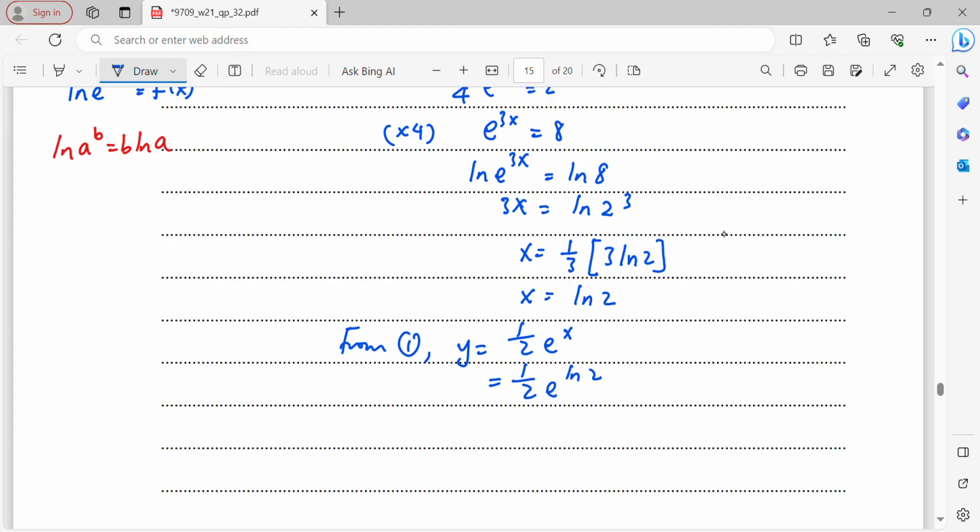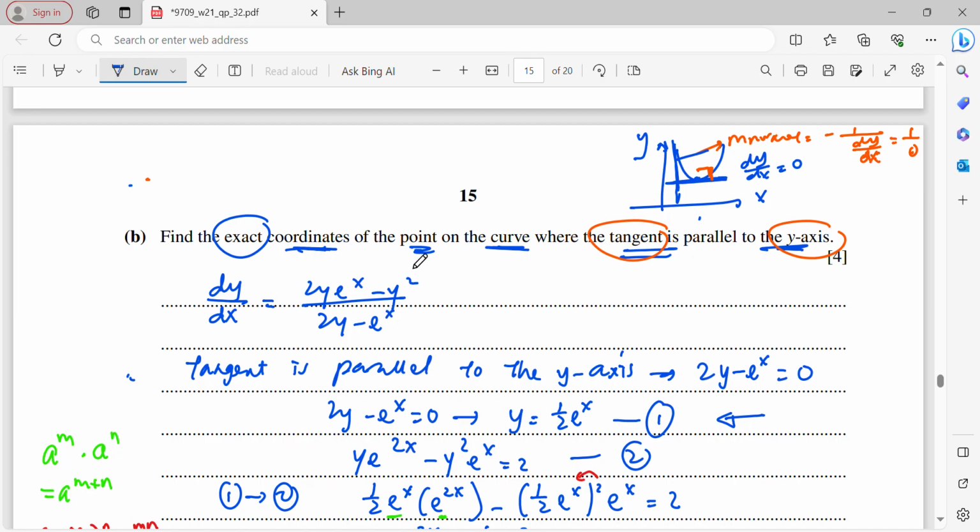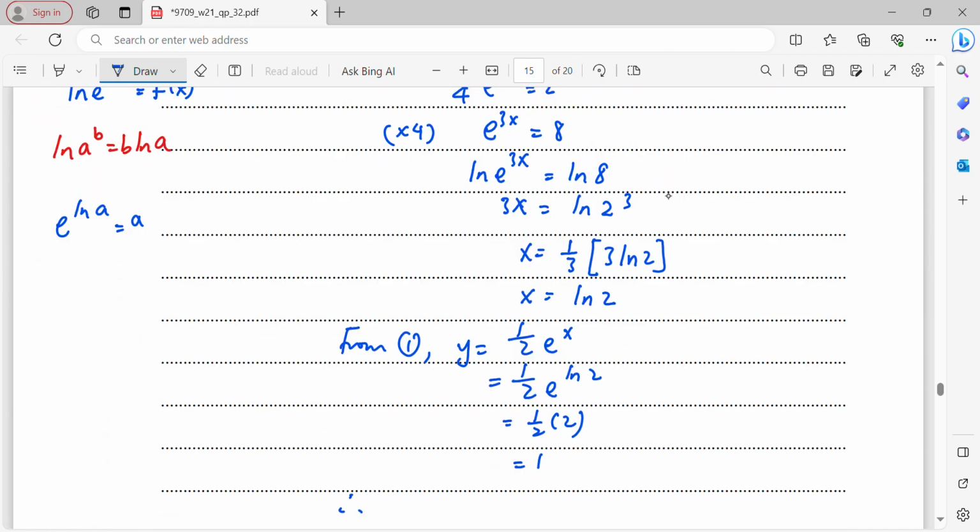For your information, e^(ln a) is a. That means e^(ln 2) is going to be 2. Then at last my y is 1. So now, you need to find the coordinates of the point. So I will just write the point with coordinates x is ln 2 and y is 1. Okay, so we have solved this question.